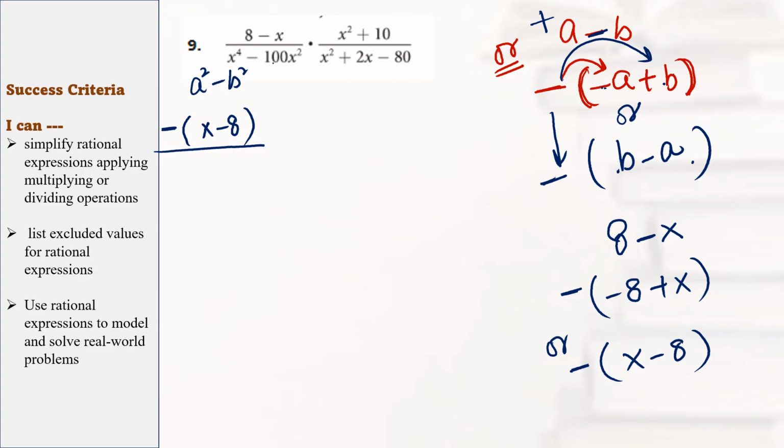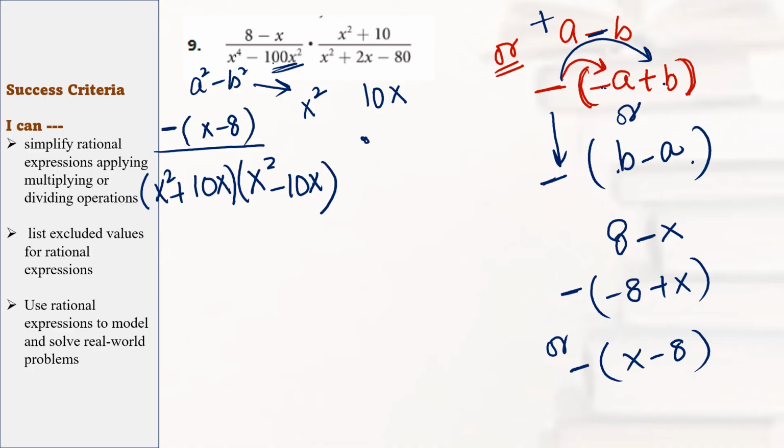Which means, what is a square? A square is x power 4. So what is the half of the power 4? It's x square. And what is the square root of 100x square? It will be 10x. So one time we will write x square plus 10x, and one time I will write x square minus 10x.